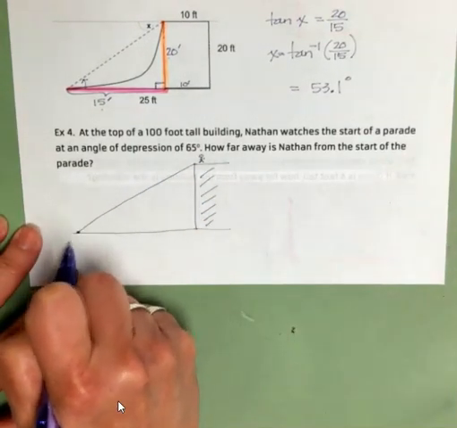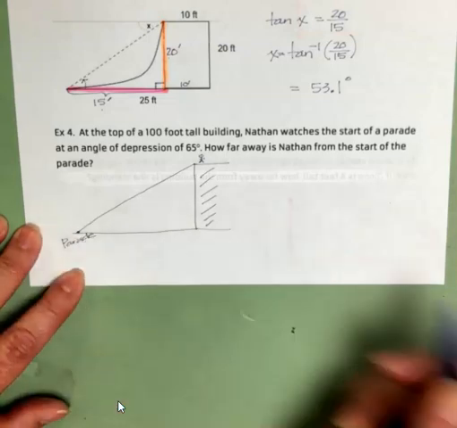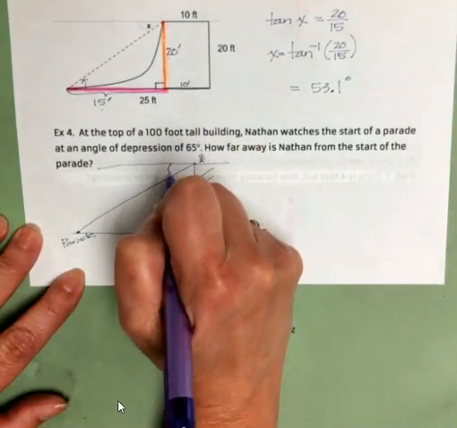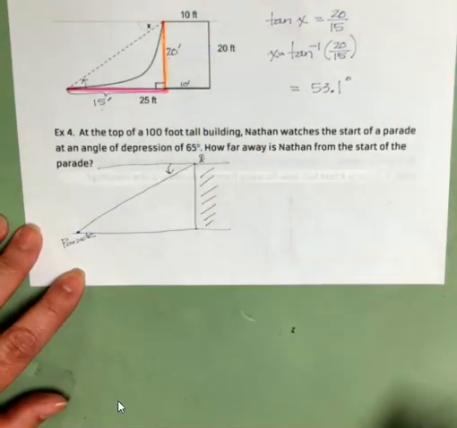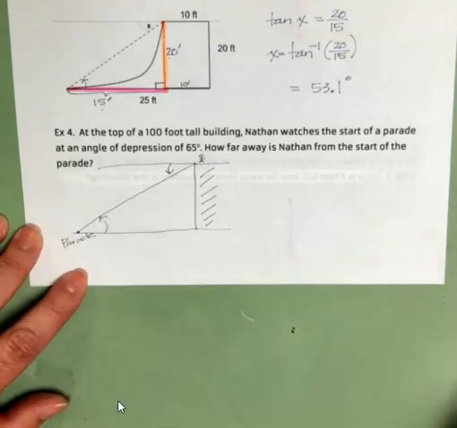This is the start of the parade. Okay, his angle of depression is here, which means it is equal to the angle of elevation here.